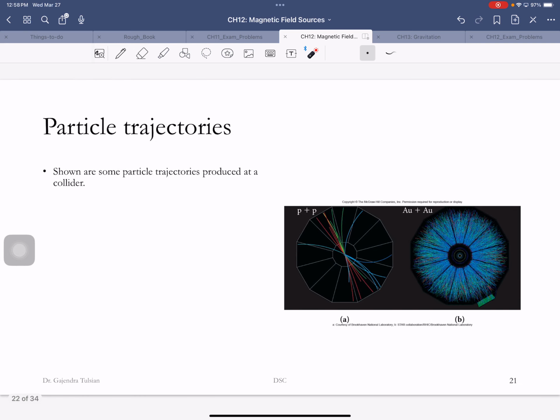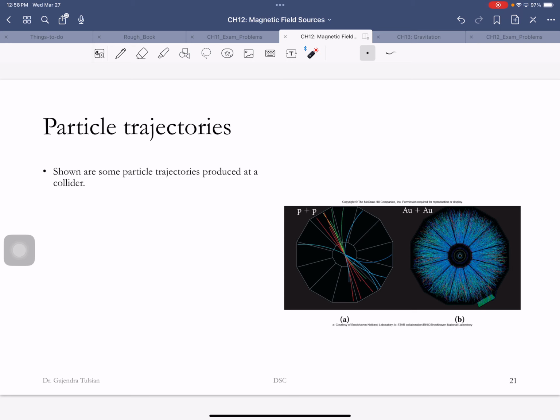And look at this. When two protons collide, these are particle-antiparticle pairs. The energy is used to create particle-antiparticle pairs, and the magnetic field is bending these particles. The lighter the particle, the more they bend. So from the curvature of the particle, they can calculate the mass of the particle.